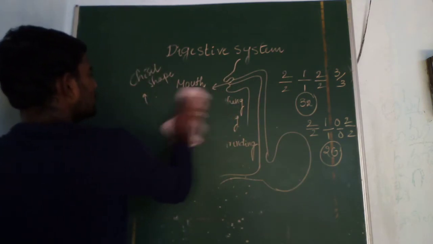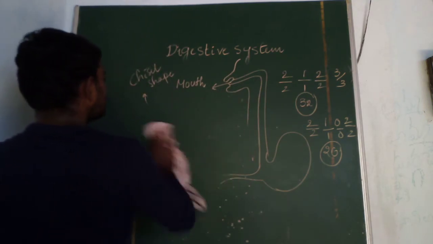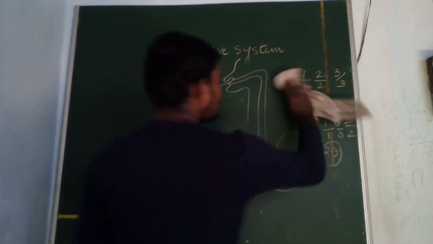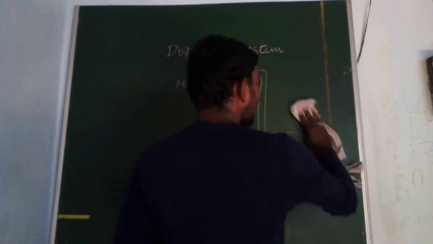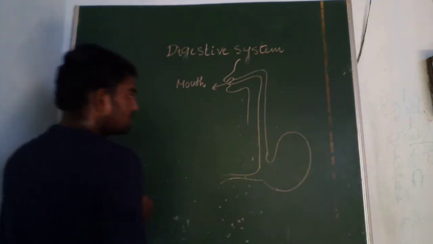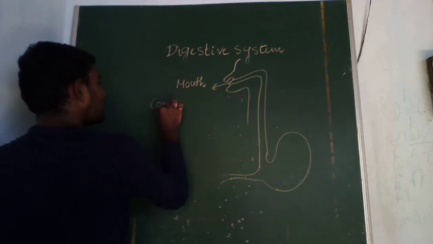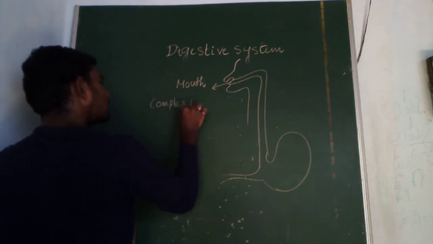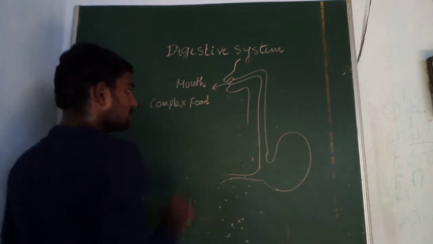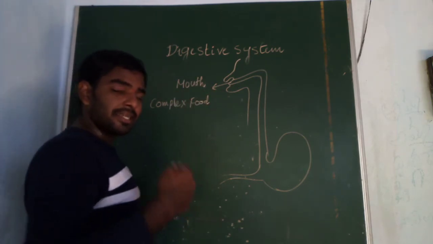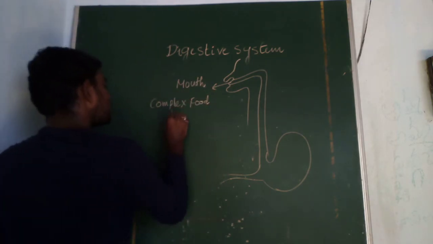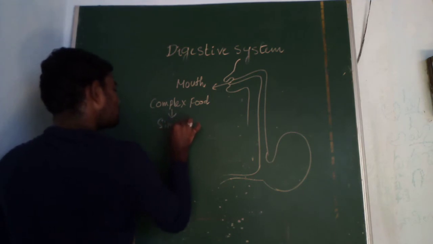So we take the food through the mouth by the presence of four types of teeth: incisors, canines, premolars, and molars. What we take is complex food. By using the teeth, we crush, tear, and grind, and finally it is converted into simple food.